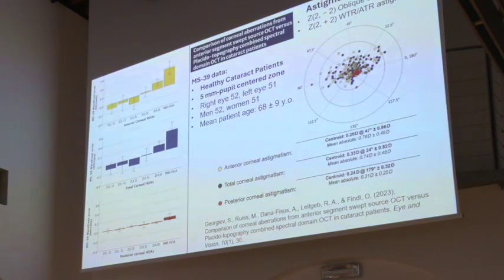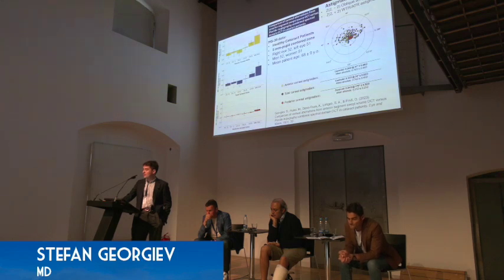If we convert this into a more standard dioptric vector space, as in the upper right, the Zernike astigmatic terms, you get something very well published: a more even distribution of with-the-rule and against-the-rule astigmatism for the anterior cornea, but the posterior cornea is usually always on the 0-180 meridian.